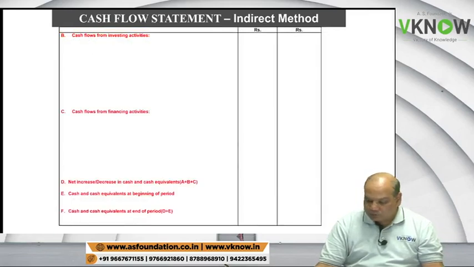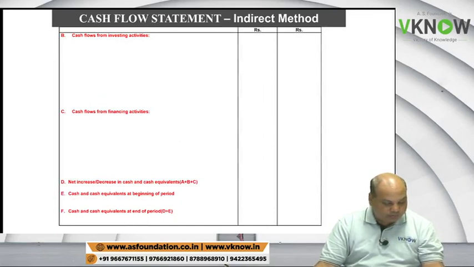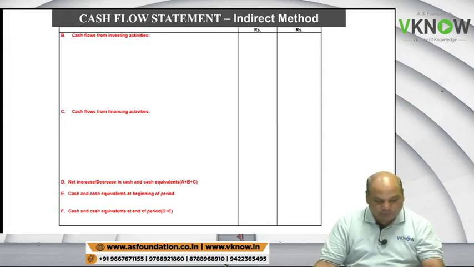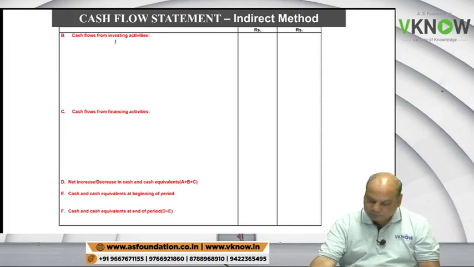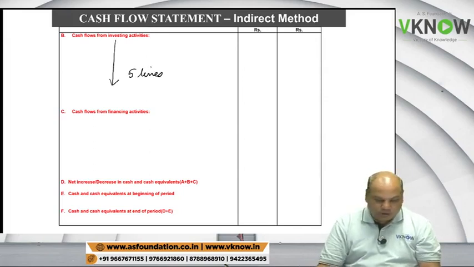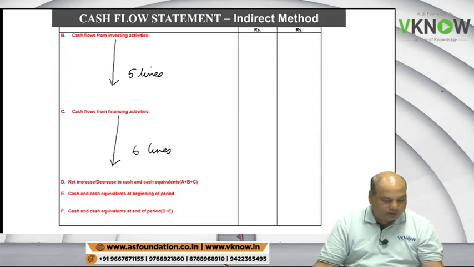After that, write down point number B, cash flow from investing activities. Keep 5 lines blank at least. Then cash flow from financing activities, 6 lines blank.